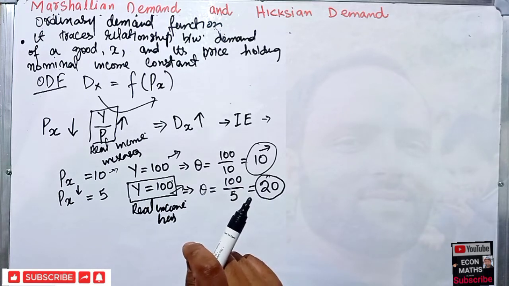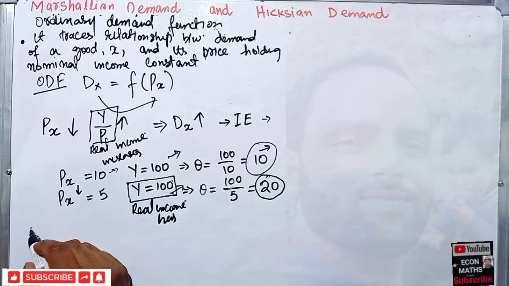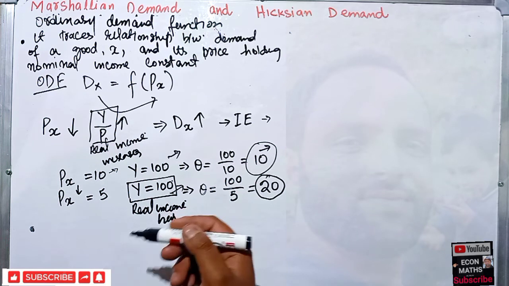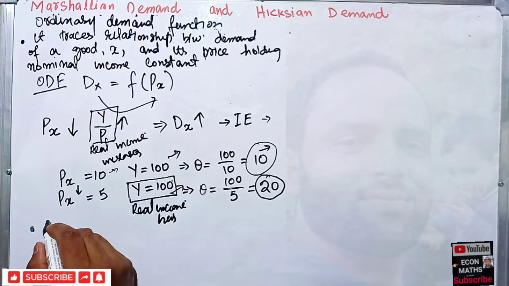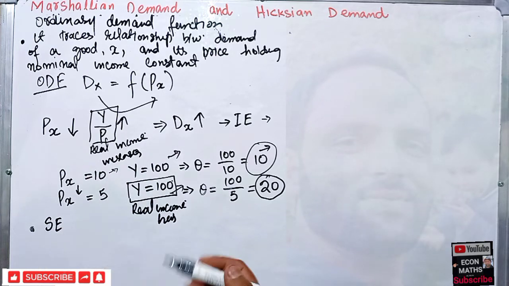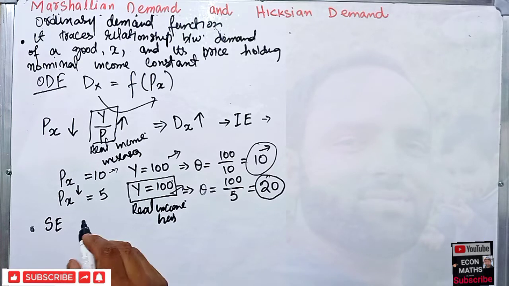Similarly, another effect that comes into place in the Marshallian demand function is the substitution effect. So how does it actually work? Let us say the same good, price of X has decreased.